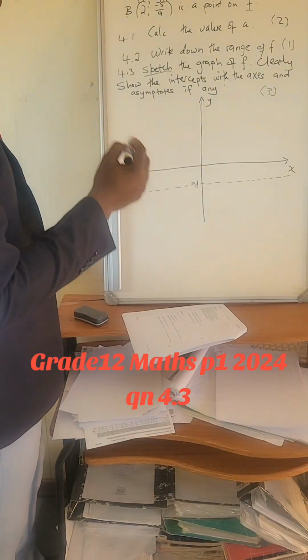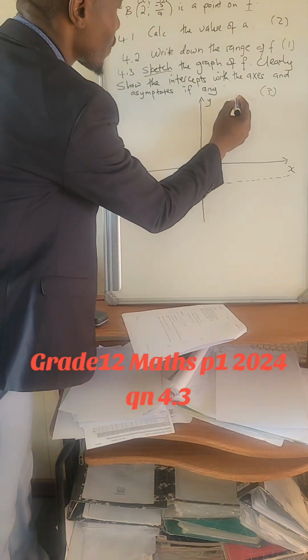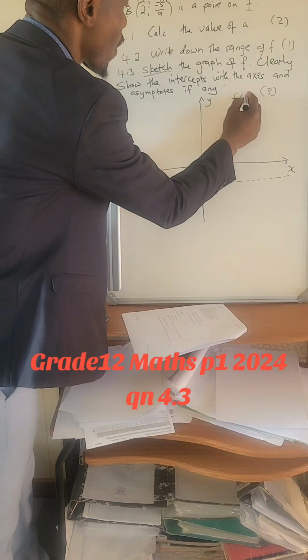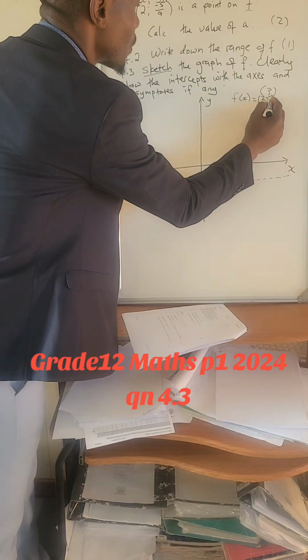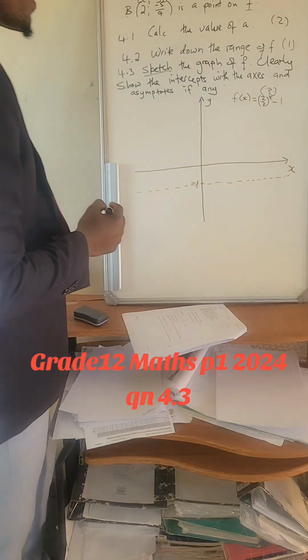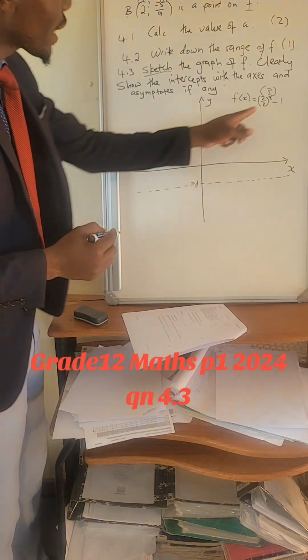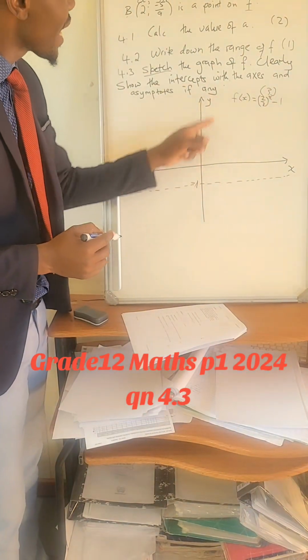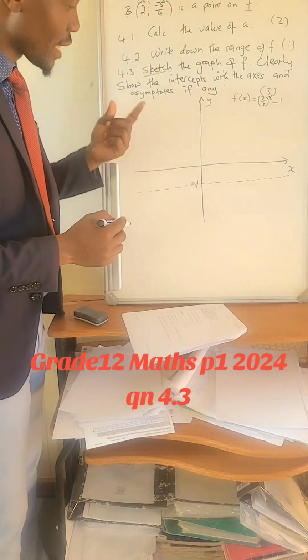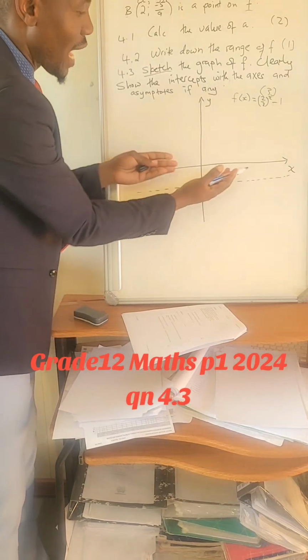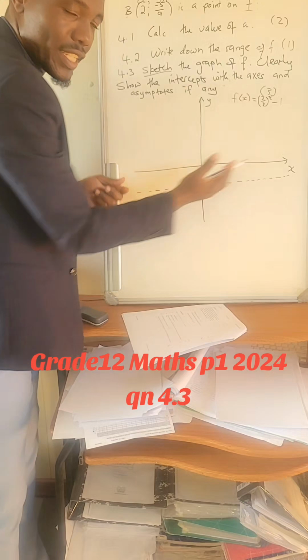Now, if you recall, our function was f(x) = (2/3)^x - 1. So if it is an exponential equation and our a is positive, it therefore means that our graph should lie above the line of the horizontal asymptote.